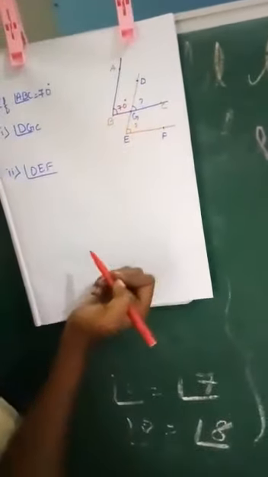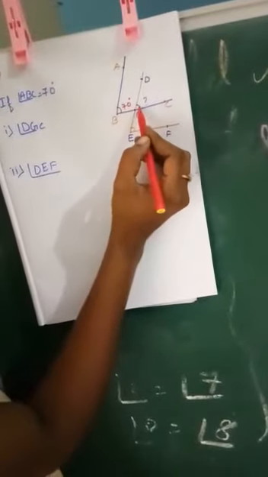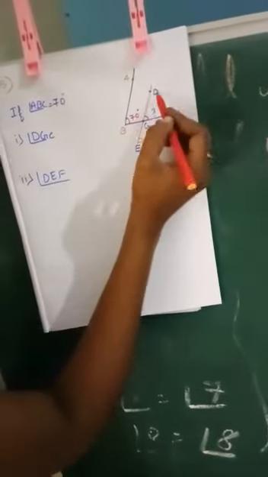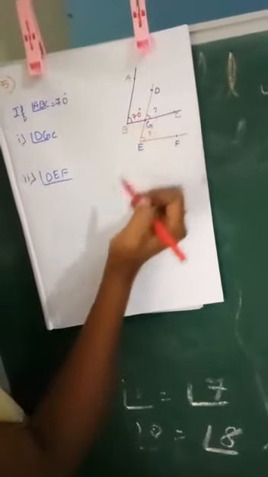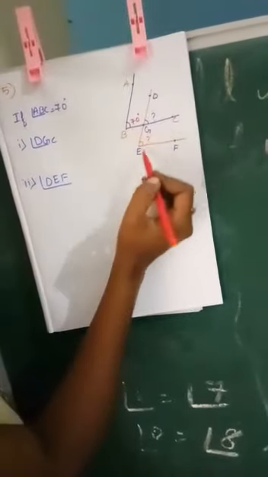So our fifth question is: in the given figure, the arms of two angles are parallel. If angle ABC is 70 degrees, then find angle DGC and DEF. So in the given figure, you have to find this angle DGC, and DEF.